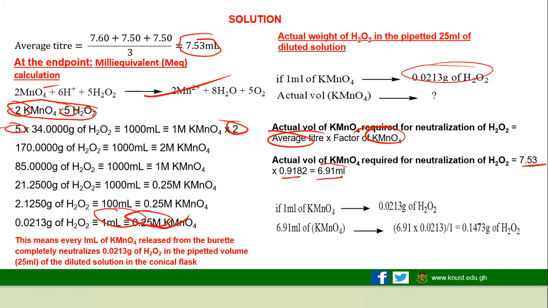And then we come back to our proportion and say if 1 mL reacts with this mass, the 6.91 of KMnO4 reacts with what? So the amount of peroxide that reacts with KMnO4 has been found here. That is 0.1473 grams of peroxide, right? And this will be the peroxide in the 25 mL that we pipetted.